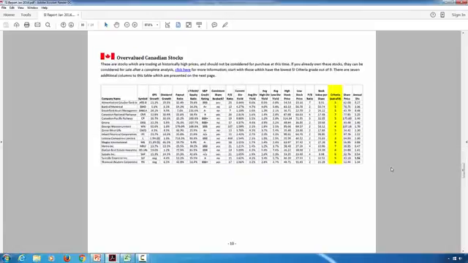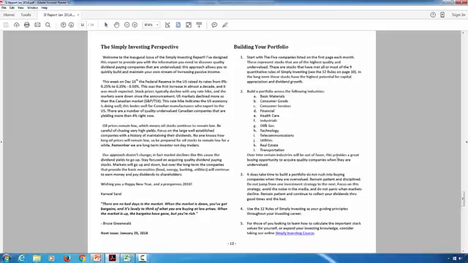Next, the overvalued stocks are listed here, and then the 7 additional columns for those overvalued stocks are listed here. On the next page, on the left-hand side, we have the Simply Investing perspective. This is an area that allows me to communicate directly to our subscribers.